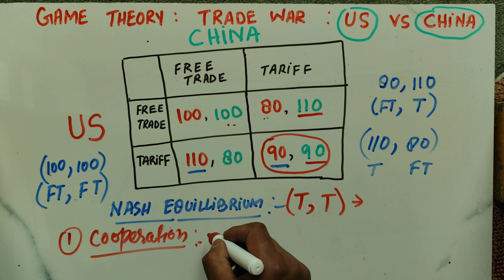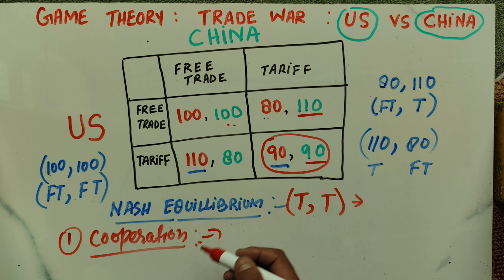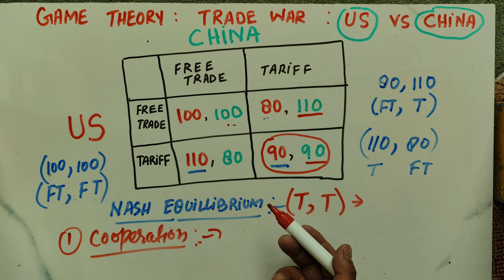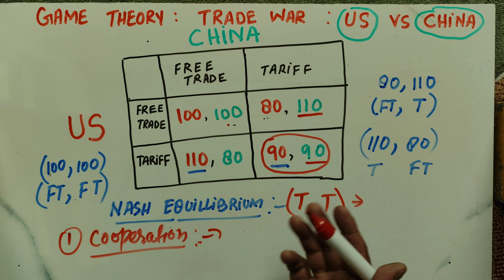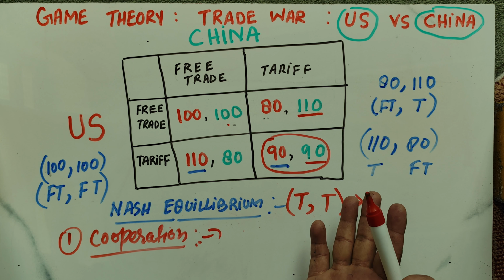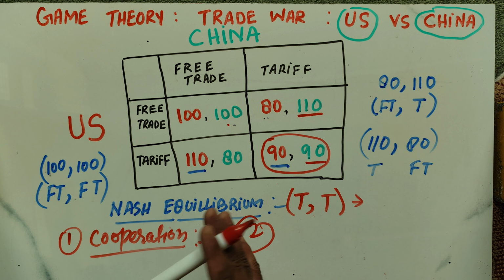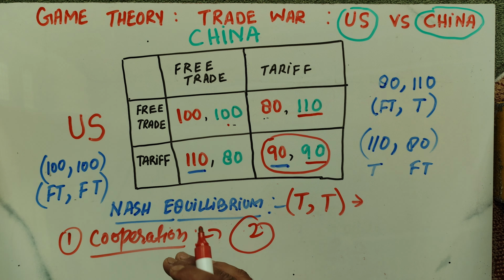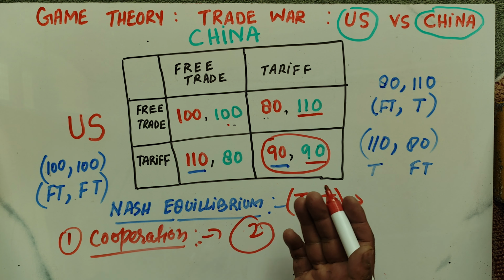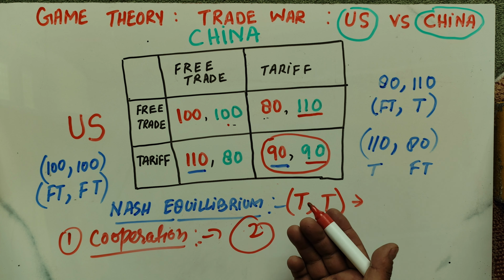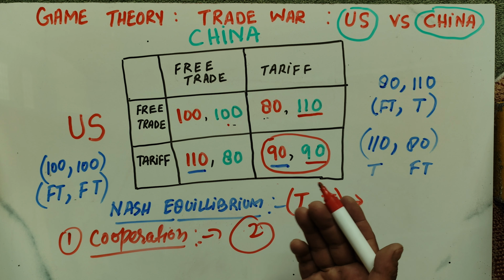So this can be one of the possible solutions for removing this trade war. Another option can be that international institutions like the World Trade Organization become a mediator in facilitating the trade agreements between US and China.